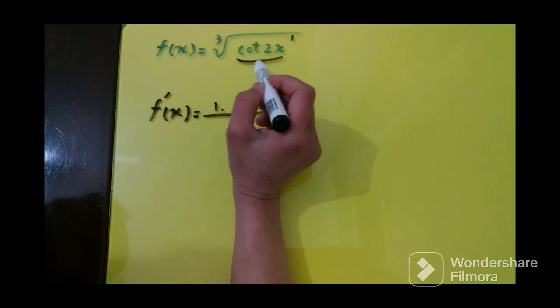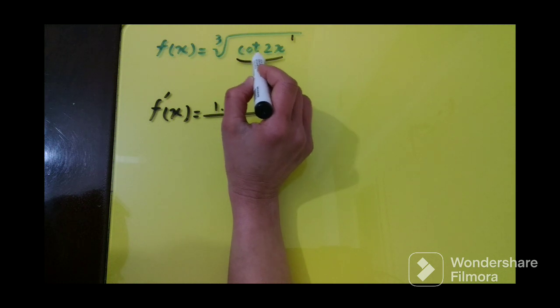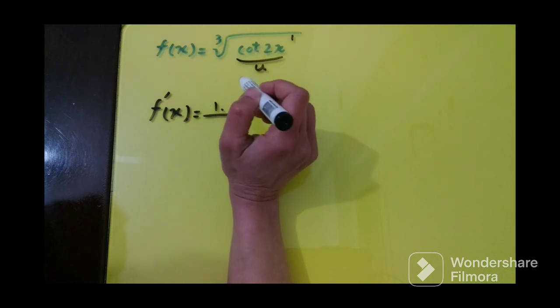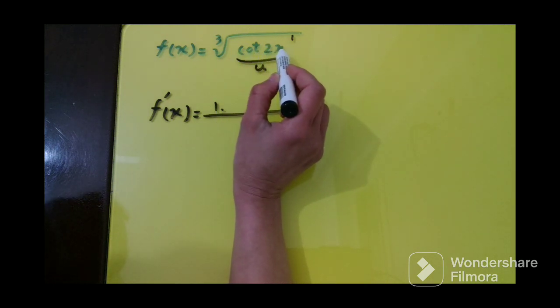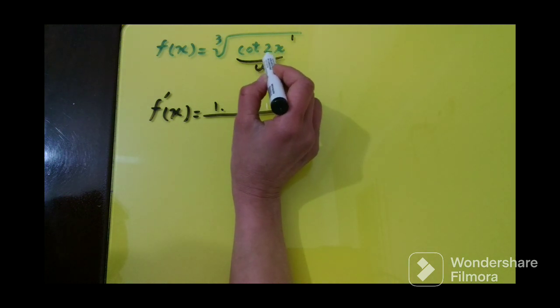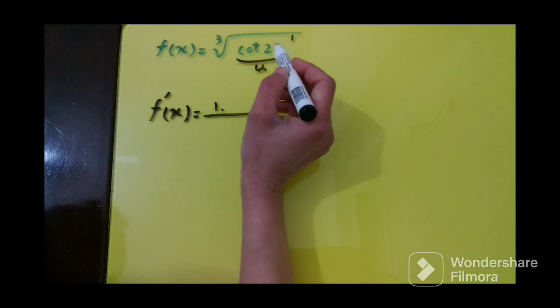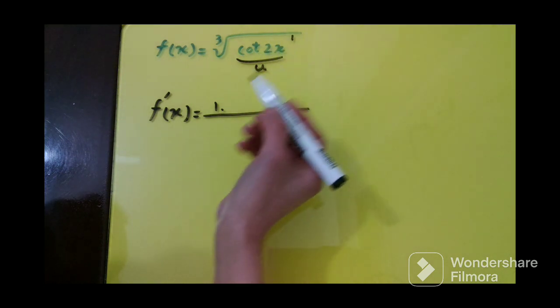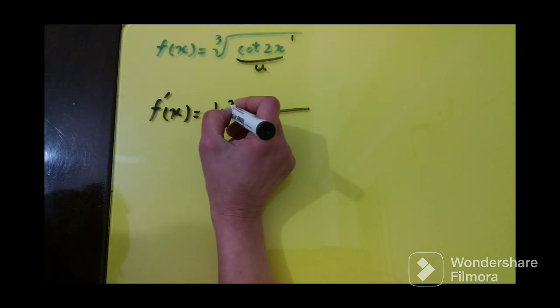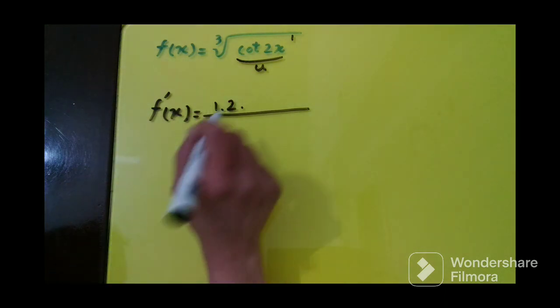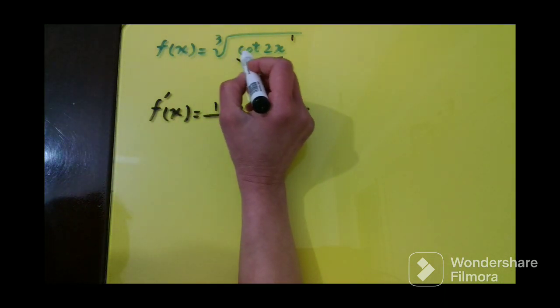For getting the u prime, as u is a trigonometric function, according to the rule, first you should get the derivative of this term. The derivative of this term is coefficient 2 times, no, you should get the derivative of cotangent.